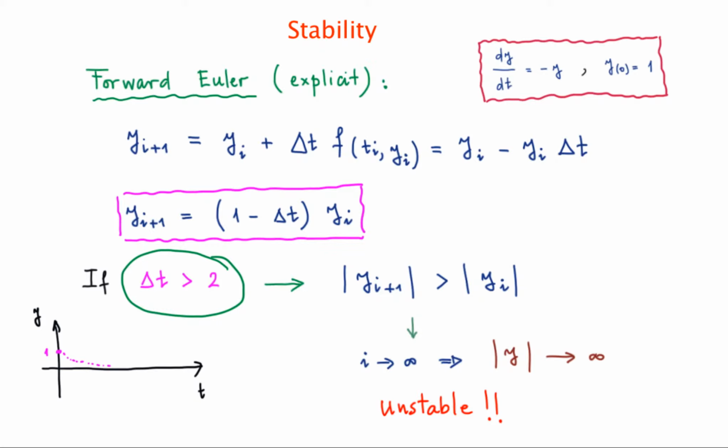When going from one point to the other, let's draw it in orange, we are getting a bigger value, and actually it changes sign because this factor, which is multiplying the wave function at time i, is negative. So when starting from the initial point here, the value of y at the next time step will be something like that, and the y value at the next step will be something like that. So as you can see, it will be higher, higher, and higher.